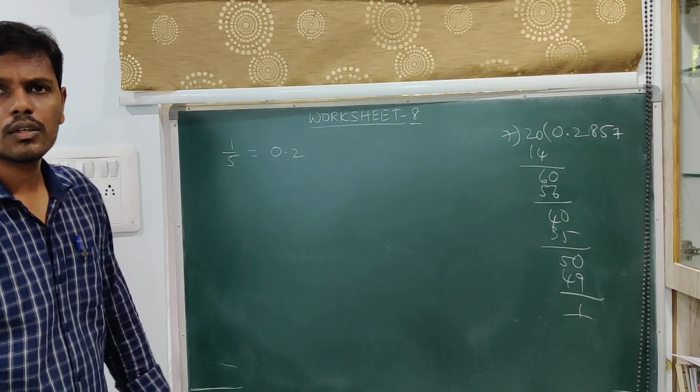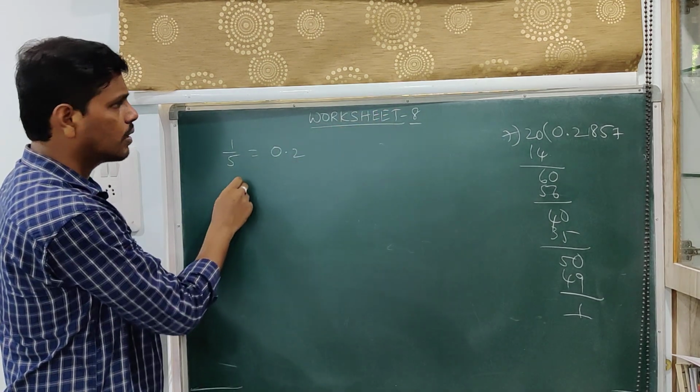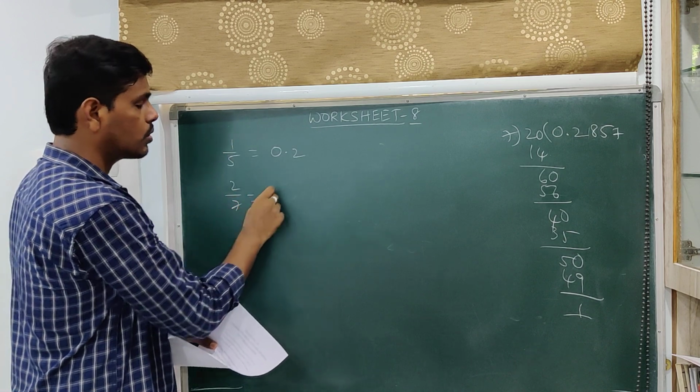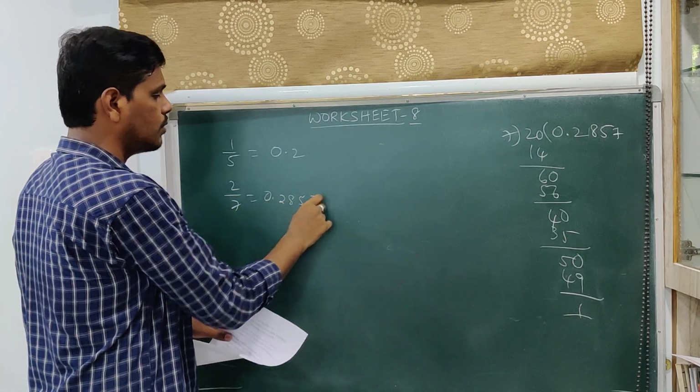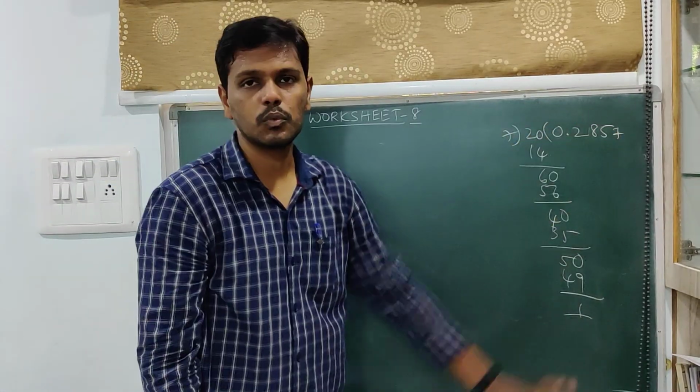You can continue till you find a repeating decimal, or else you can leave it there. 2 by 7 is equal to 0.2857... You can keep the dots, saying that it keeps moving.